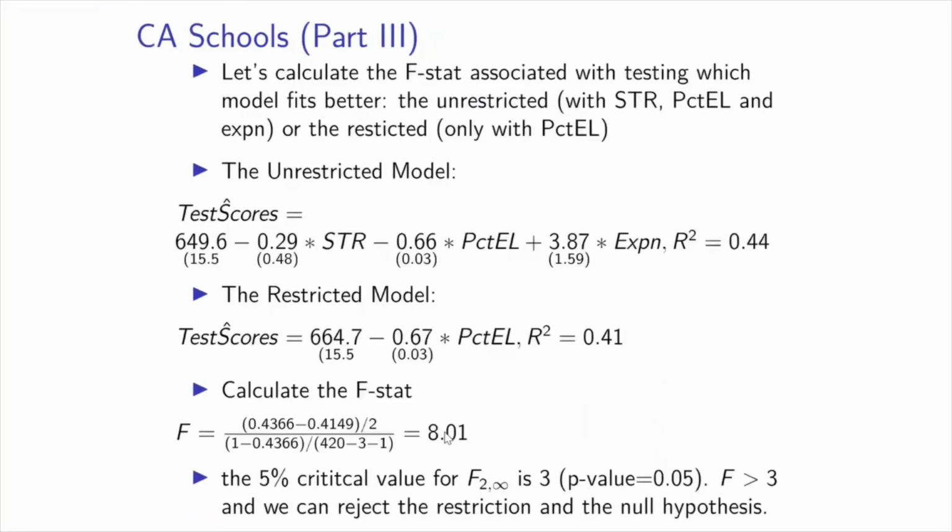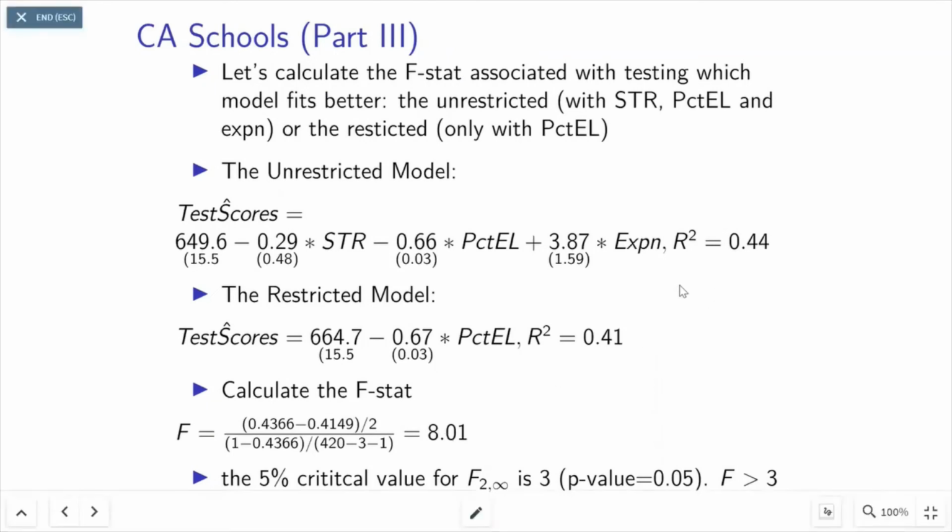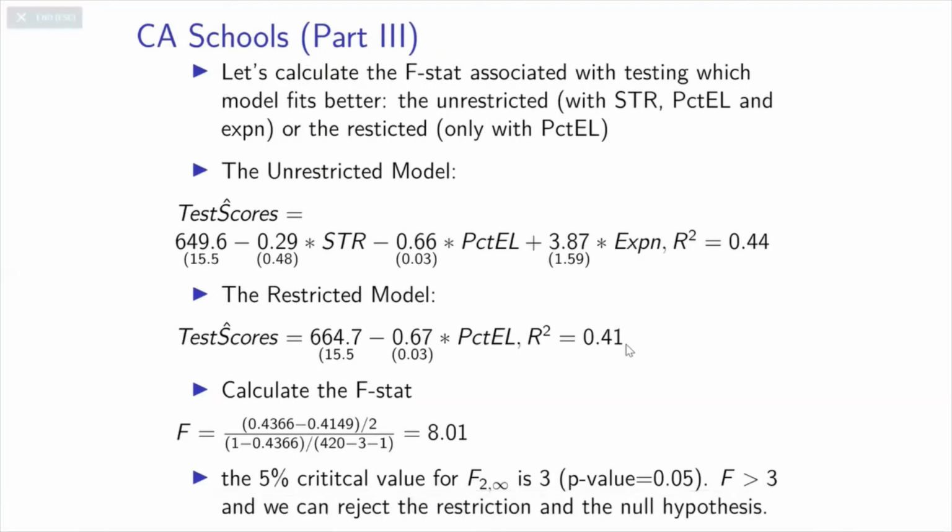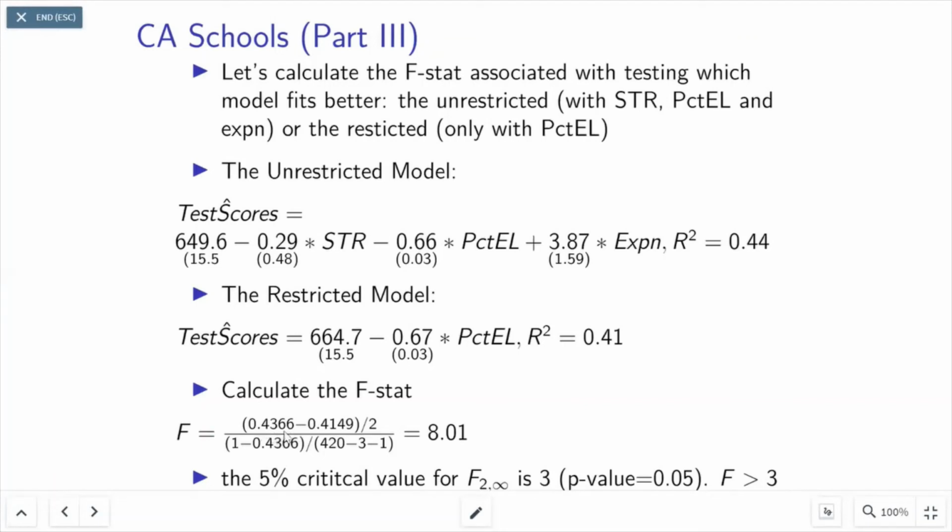Let's see an example. In the California schools example, the R-square of the unrestricted model is around 0.44, and the R-square of the restricted model is around 0.41. And therefore, the F-statistic is computed using the R-square of the unrestricted model minus the R-square of the restricted model, divided by the number of restrictions, which is 2 in this case.